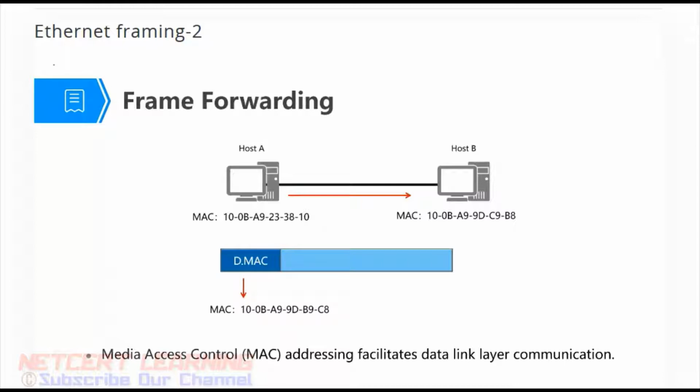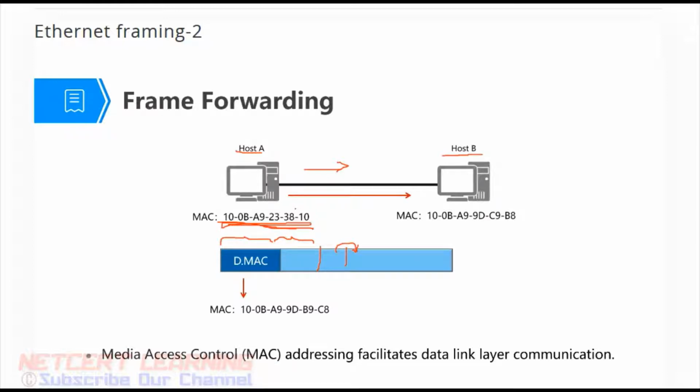Okay, and then the frame forwarding. Now we have the frame. If host A wants to send data to host B, it uses the Ethernet frame. And in the Ethernet frame, we know that first in the header there are two MAC addresses, and the type, to figure out what is carried in the upper layer. The MAC address, we know, is a burned-in physical address.